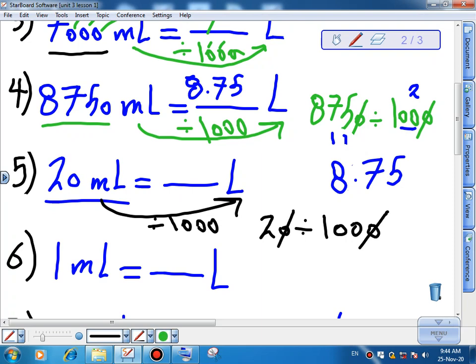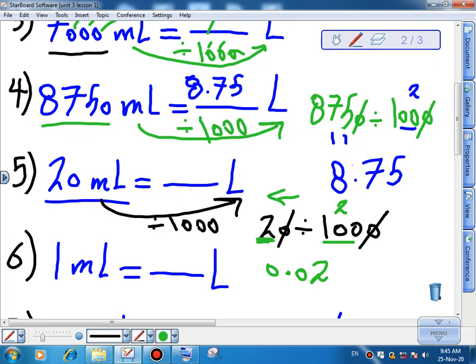Then I have 1 digit divided by 100. 100 has 2 zeros, so I need to put the decimal point from the right side after 2 digits. I will write the number 2. After 1 digit, I get 2, so I need to put another digit, which is 0, to get 2 digits before the decimal point, and the whole part will equal 0. It will be 0.02, or hundredths.